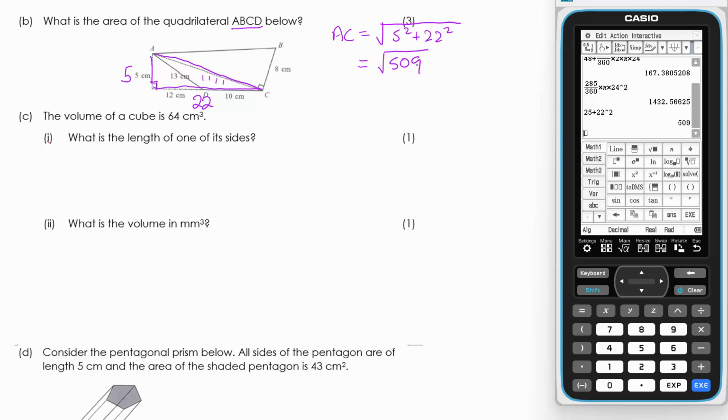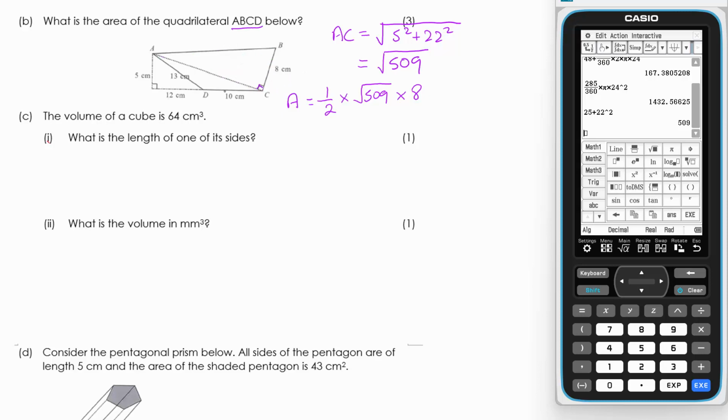So once I've got that, since this is a right-angled triangle, I can use AC as the base and the 8 here as the height. So the area is going to be a half times root 509 times 8, half base times height. And so that would give me this triangle.